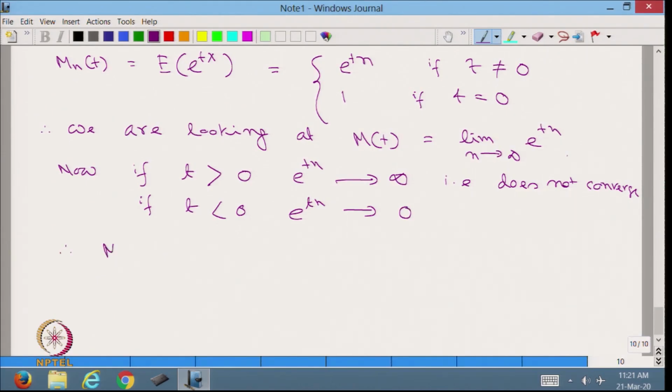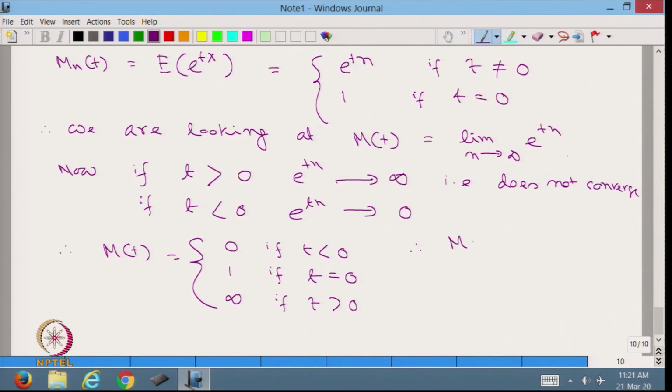Therefore, M(t) is equal to 0 if t is less than 0, 1 if t is equal to 0, and infinity if t is greater than 0.